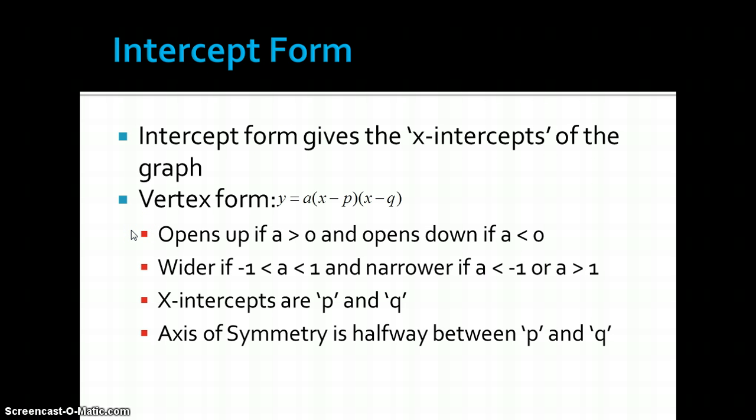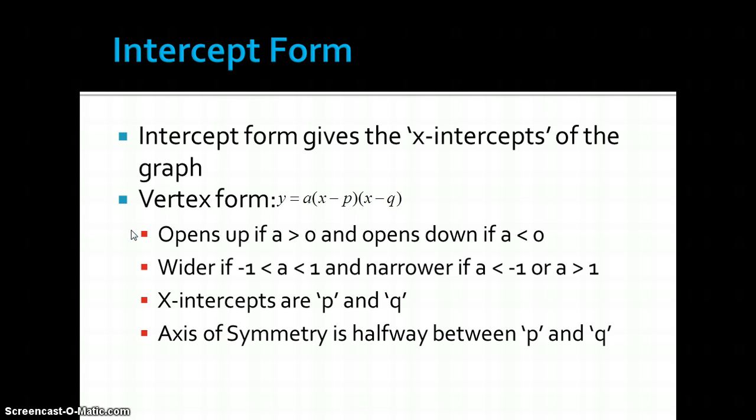The intercept form, we are given the intercepts. In this case, we are getting the x-intercepts. Our intercept form is y equals a times the quantity x minus p times the quantity x minus q. This, again, opens up if a is positive, opens down if a is negative. Wider and narrower are the same as the last two that we've seen.